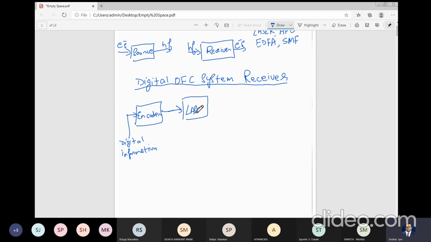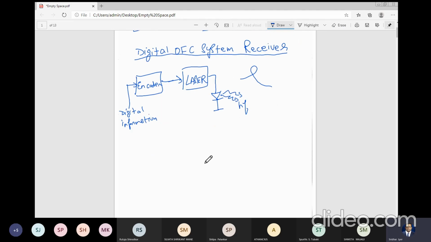So I'm assuming here that the source is the laser. So laser basically is a diode. So from here we'll get light out. So let me call this HF. Then we'll have an optical fiber cable. I'm drawing it this way, but there's a specific way of drawing the OFC, and that we'll see today.